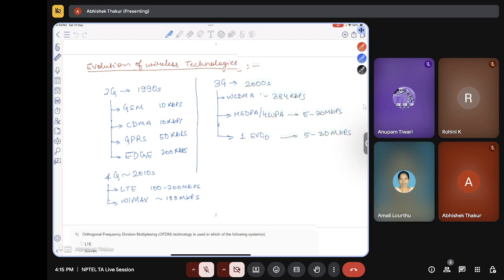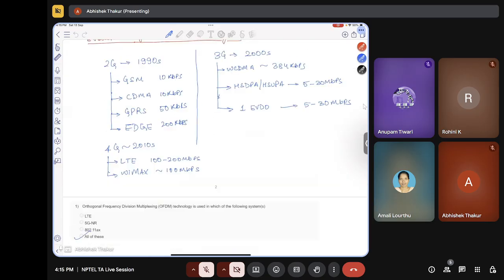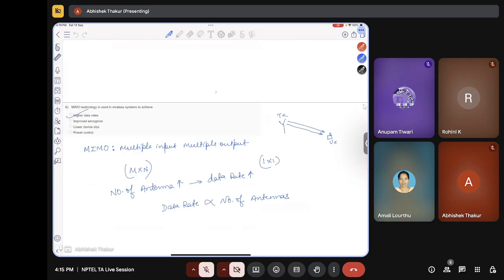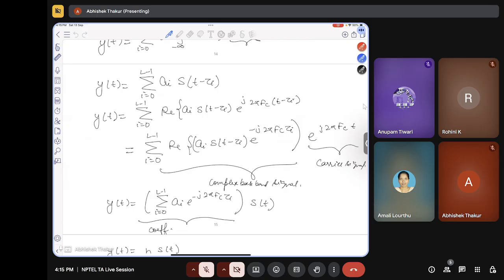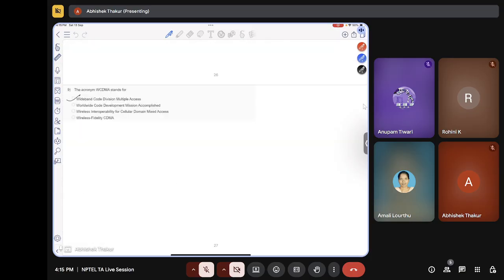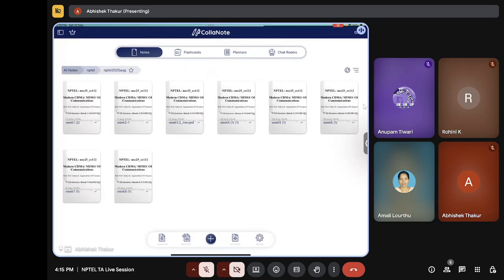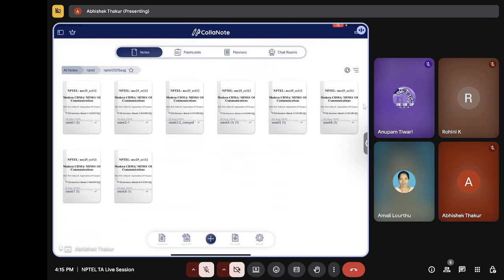You can scan through all the slides, and if you have doubts, you can ask in the forum. You can go through the important formulas discussed in the slides. Those formulas are used to solve the questions of each week's assignments. I have discussed some of the concepts and formulas in each week, so you can go through each of the slides as notes, and if you have any doubt, you can ask on the forum as well.